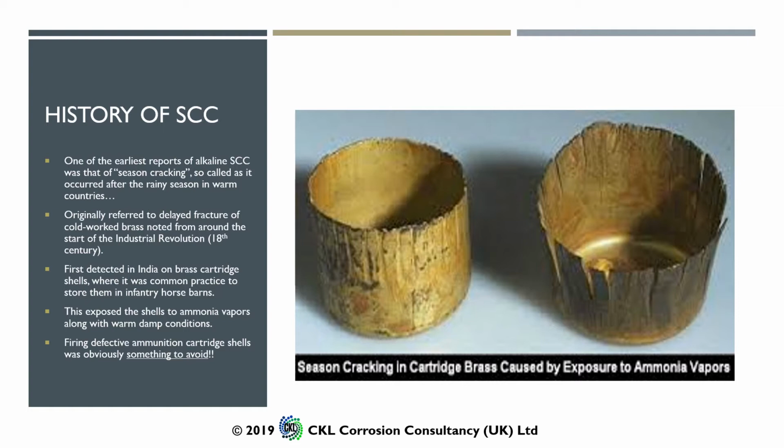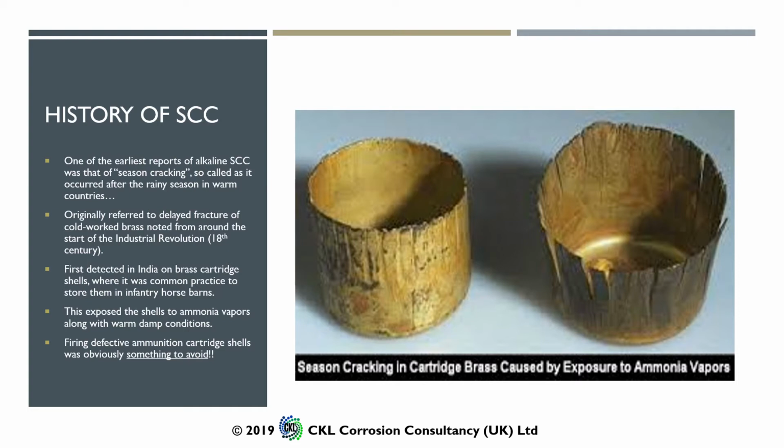So in its original form, it referred to a form of delayed fracture that took place for cold worked brass, and it was noted around the start of the Industrial Revolution, circa 18th century. It was first detected in India, so a warm, humid climate, and it was picked up on brass cartridge shells.